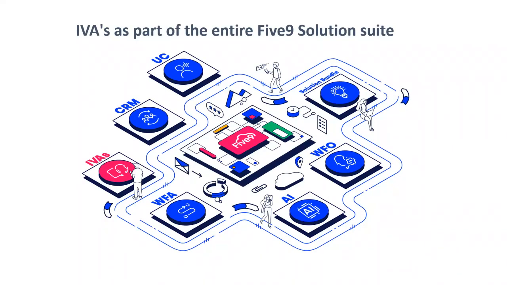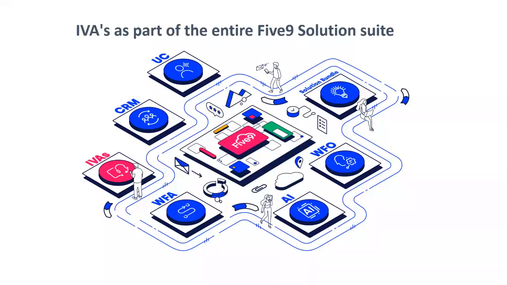So I'll just explain essentially how the ecosystem of Five9 fits into the Five9 IVA. Five9 is a cloud contact center solution. It offers inbound and outbound voice, email, chat, SMS, and call routing, and it integrates into CRM and ERP systems.